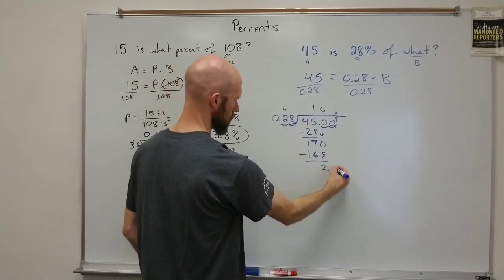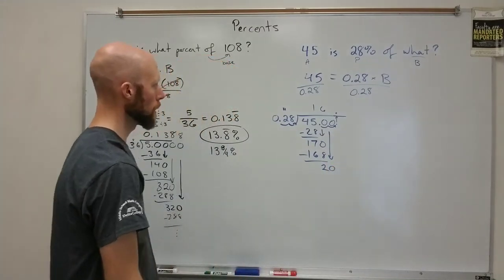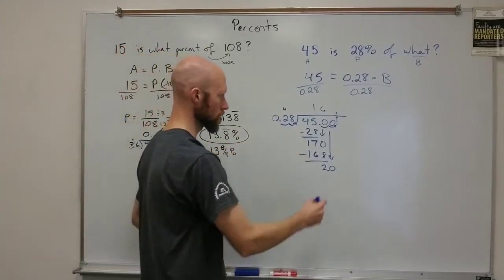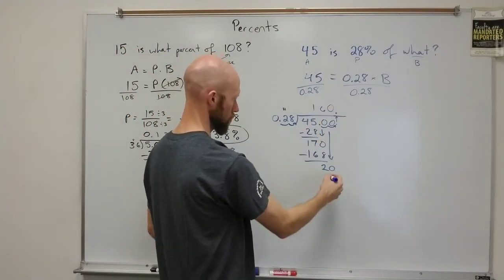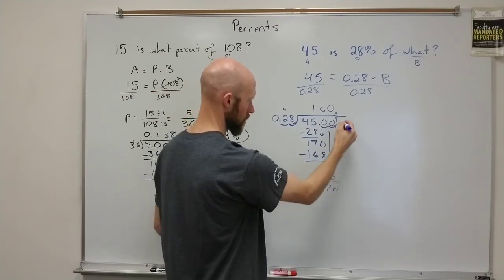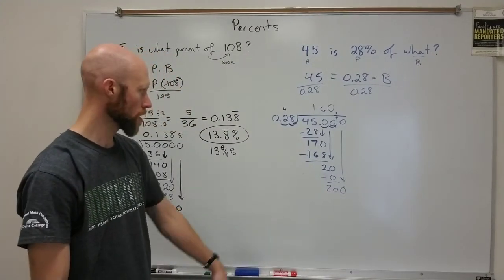That's perfect. Remainder 2. Bring down a 0. 28 goes into 20 0 times. 0 times 28 is 0. Bring down another 0. 28 goes into 200.